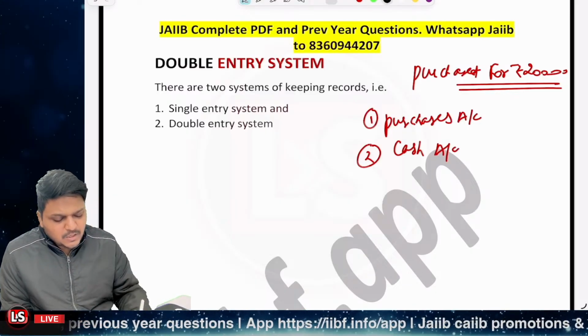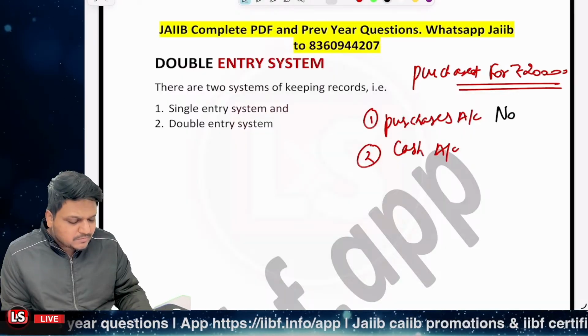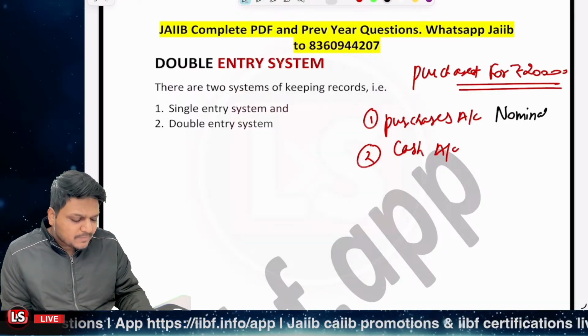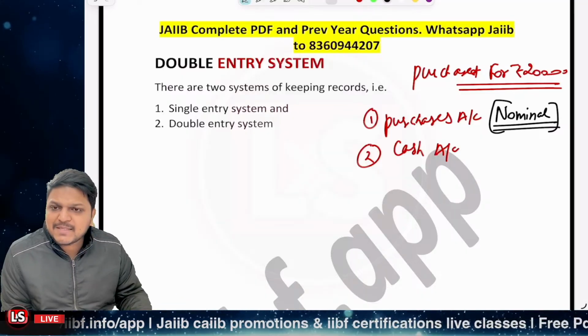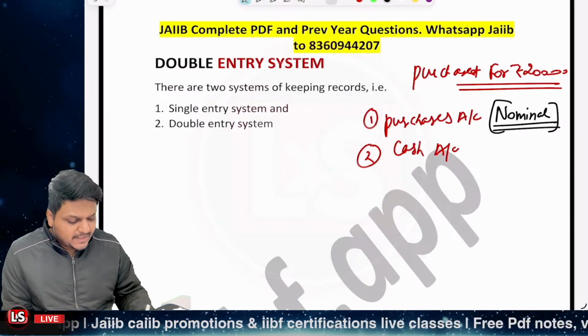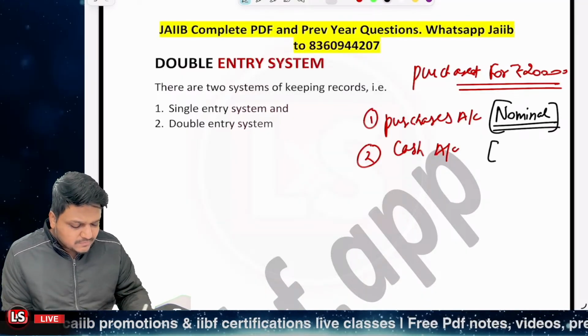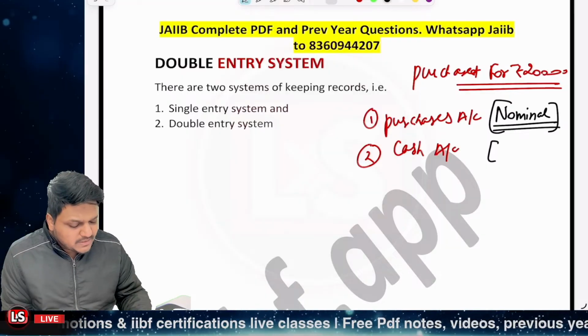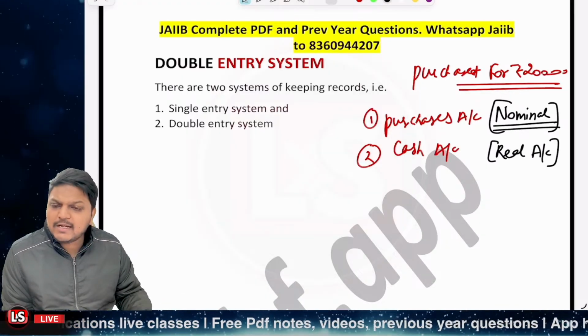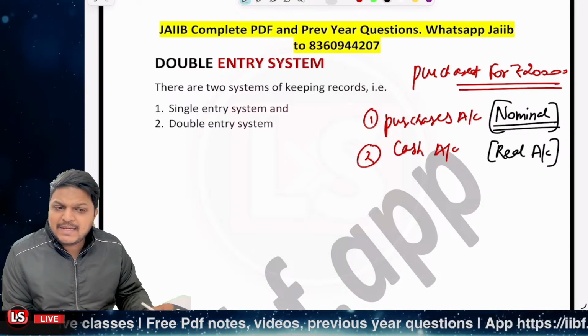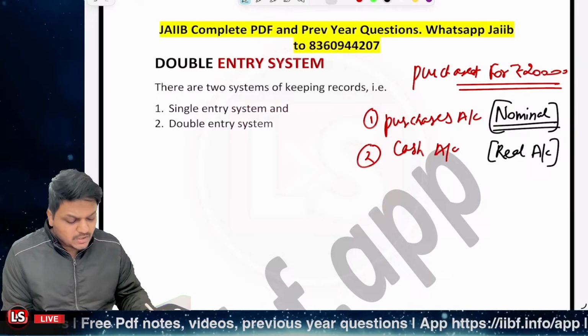Now purchases account is actually a nominal account, because purchase is an expense. All the incomes and expenses are nominal accounts, and cash is an asset, so it is a real account. We'll be learning in detail about the journal entries. I'm just letting you know about these details right now, right?